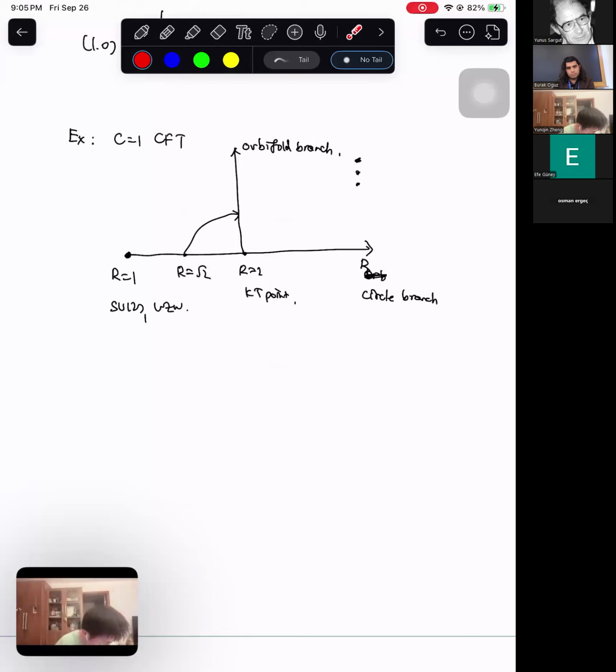But now, what I want to claim is that on every point, in particular the rational radius, there are more continuous non-invertible symmetries, even just on the circle branch.